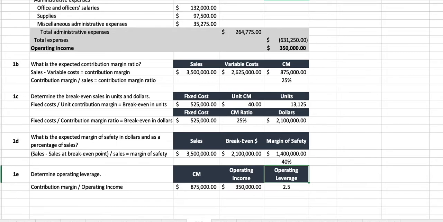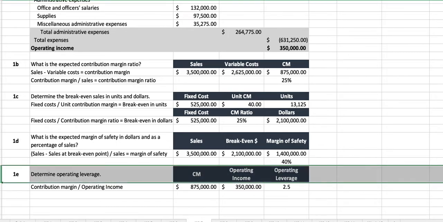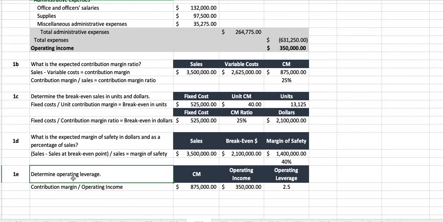Now for the last calculation, we're going to determine the operating leverage. But again, before we get into the calculation, let's talk about why we even calculate operating leverage. So first of all, operating leverage is the relationship between the company's contribution margin and the operating income. So companies with high fixed costs normally have high operating leverage. And businesses can use it to quickly estimate the impact of an increase or decrease in sales.